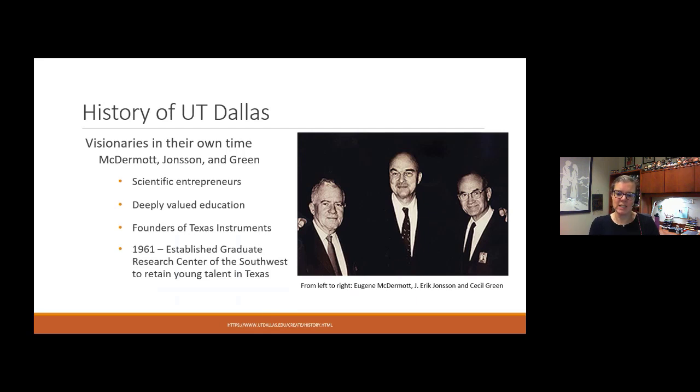And what they did in 1961 is they had Texas Instruments going, but they wanted a graduate research center so that they could basically train up people, young talent, recruit them, train them up, and then hopefully move them into Texas Instruments. So that's the Graduate Research Center of the Southwest was what we were before we became UTD.